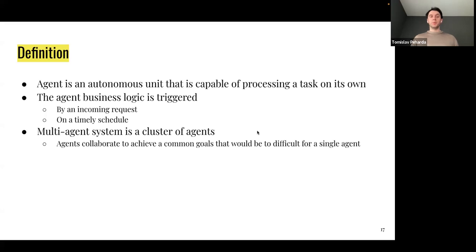Just to recap, an agent is a small piece of software specialized in some particular task. And when we speak about multi-agent systems, it's a cooperation of multiple agents which are communicating together. Each of them has a specialized task, or maybe there are multiple instances of the same one. The idea is that they work together to achieve a bigger common goal.